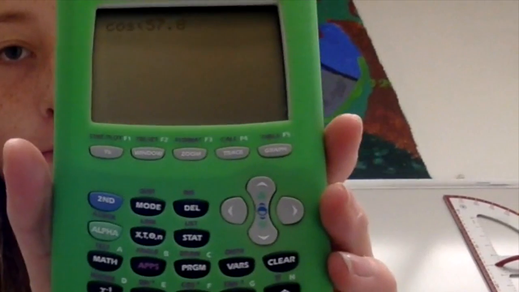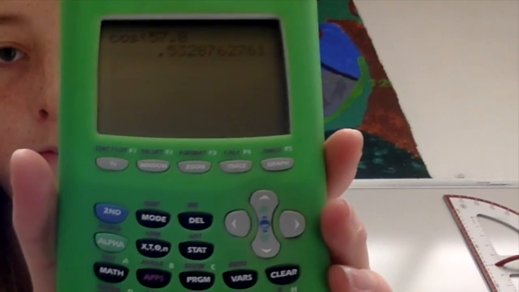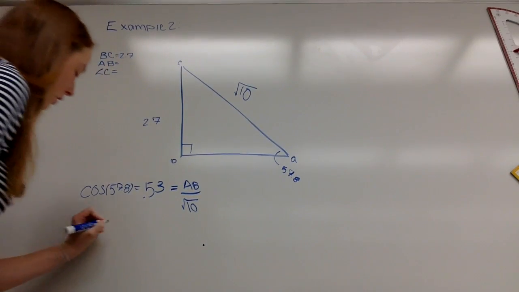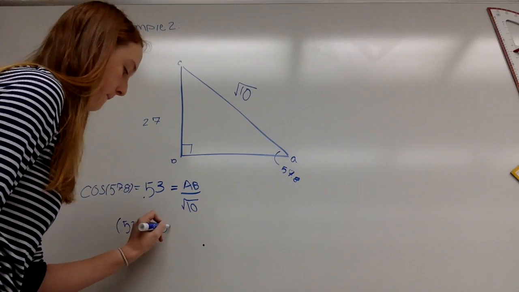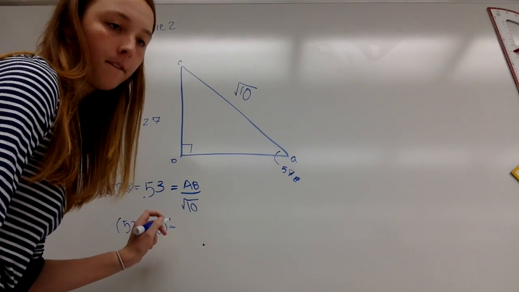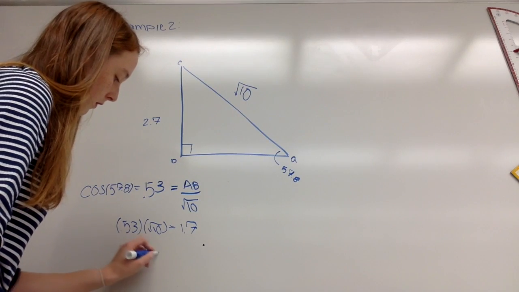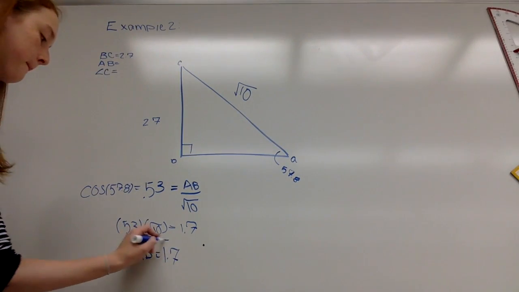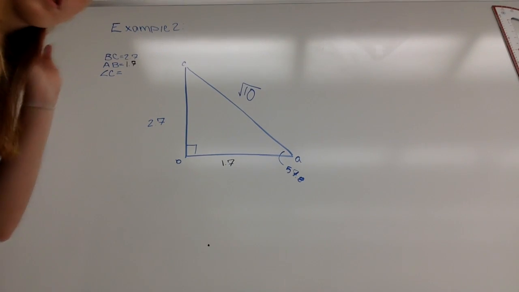And cosine of 57.8 in the calculator is 0.532. So now that we know that cosine of 57.8 is 0.53, we can set up the equation 0.53 equals AB over radical 10. And 0.53 times radical 10 equals 1.7.